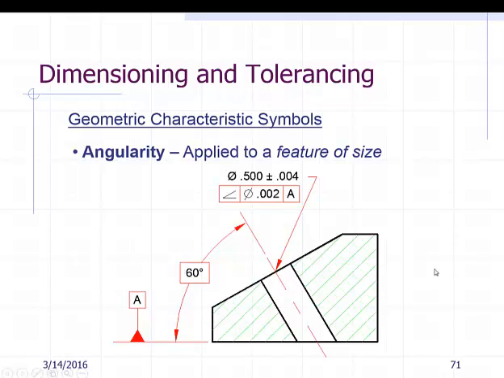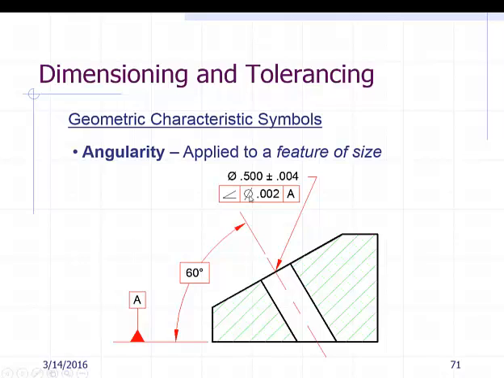So if we look at another example of the angularity, this one's a little weird because they're calling out the hole in the cross-section view, but nonetheless they're applying it to a feature. And so remember, when we apply it to a hole or a cylinder, we're talking about the axis itself. So it's saying the axis has an angularity tolerance of 2/1000ths in relation to datum A. And then just like with the straightness on a feature size, the resulting shape is going to be cylindrical, just like I showed you guys last week on the straightness.